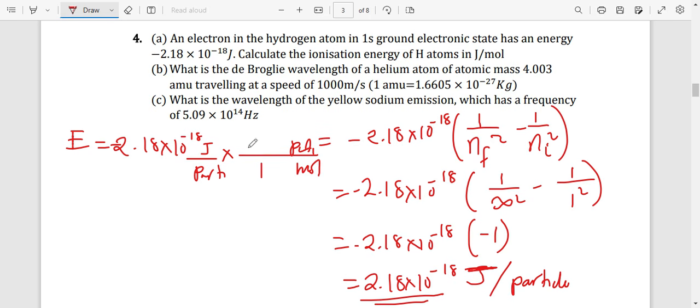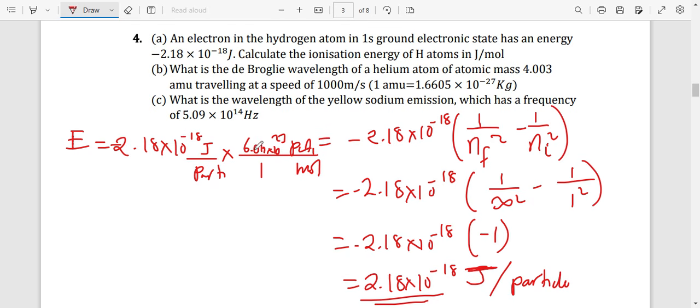We know that in one mole we have 6.022 times 10 to the power 23 particles, Avogadro's number.